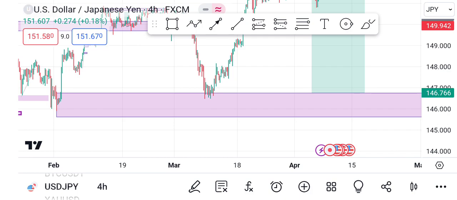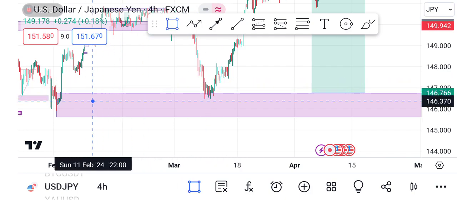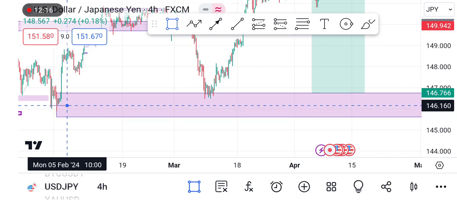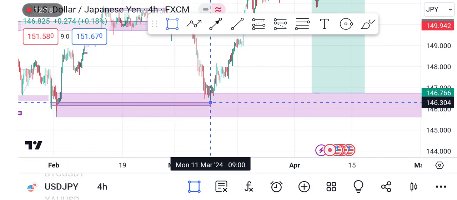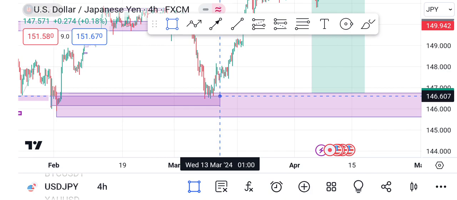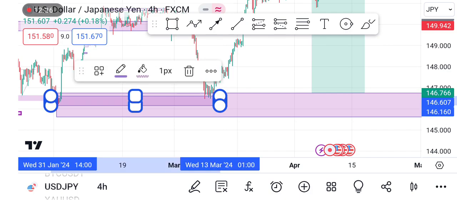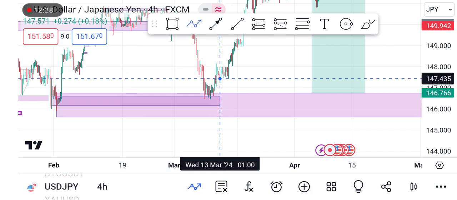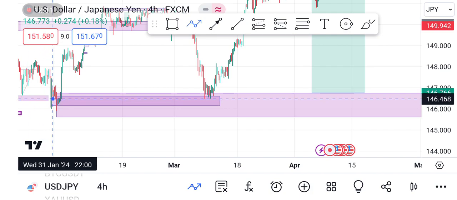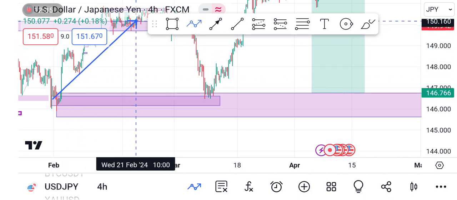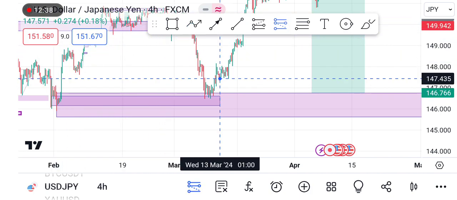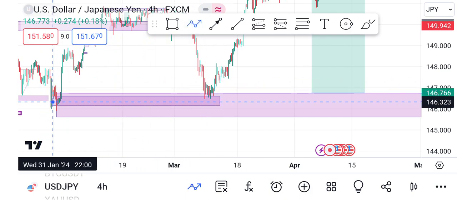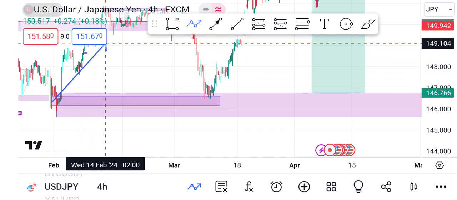So at this point in time, this was the level of resistance, level of support for this trade, where price couldn't break further. You have here, price went up to that point, tapped in. You have here, price went up to that point.